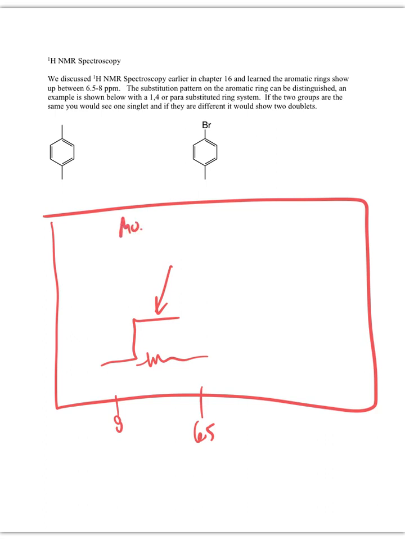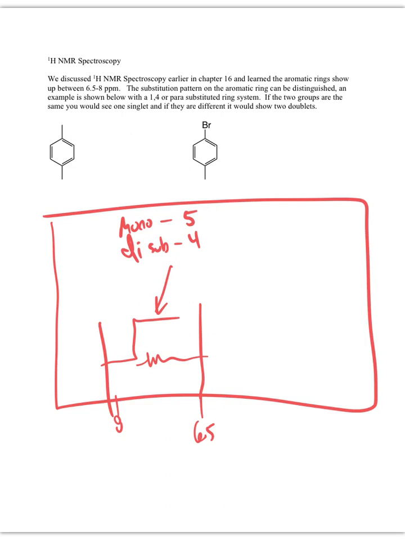Whether it's mono, it'll integrate for 5 total hydrogens down there, or di substituted, it'll integrate for 4, whatever you have. However many hydrogens are off of the ring, that will all show up in this 6 to 8 region roughly, so you can tell how many hydrogens are on the ring.